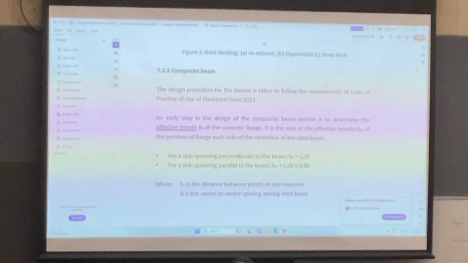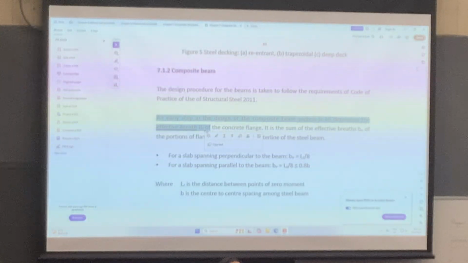But for the composite beam design, actually we have several procedures. Now actually we will treat the composite beam as a T-beam, okay? So you will have an effective width BE here, because we will treat the concrete as the top of the T-beam, and then at the bottom we have the steel beam, okay?